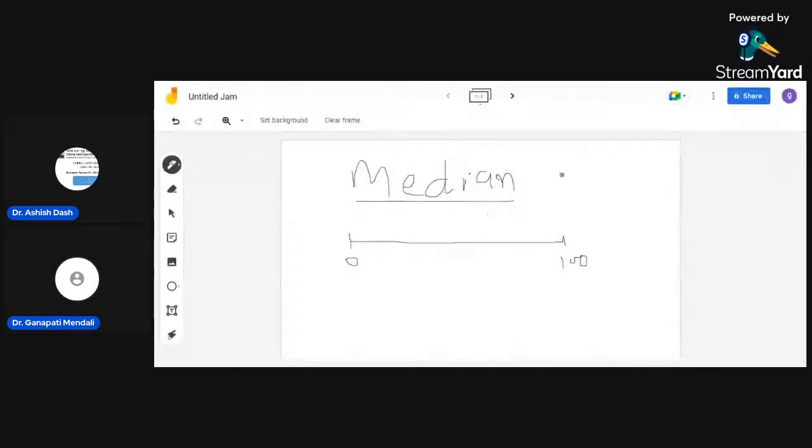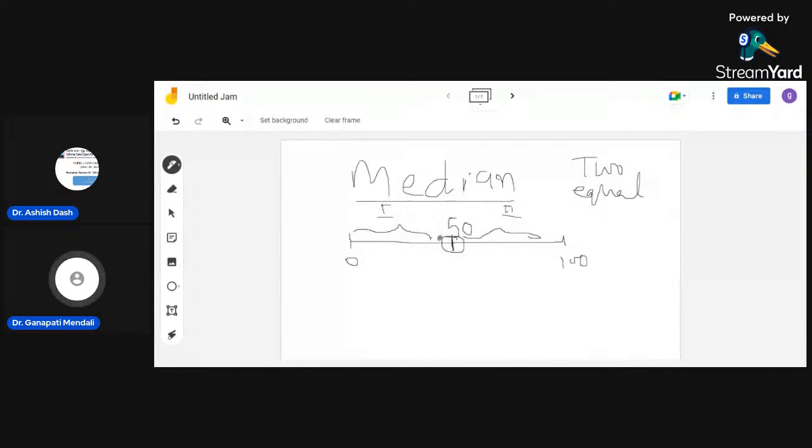The median is the middlemost value. What is the middlemost value here? 50. So 0 to 50 is our first part and the other is the second part. In our case, the value of the median is 50.